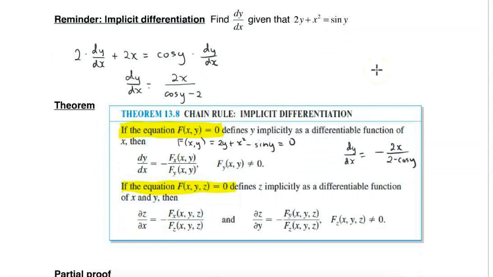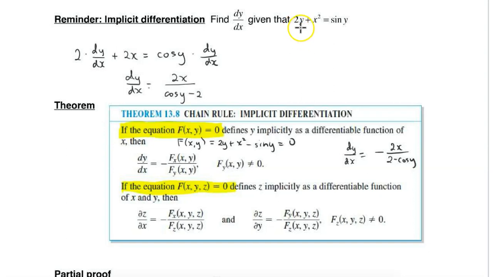Just a reminder about implicit differentiation. When you take the derivative dy/dx for an implicit expression, you always have to multiply with the inside derivative if the variable of differentiation is not x.